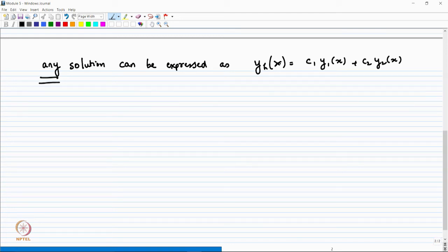So, you can write any solution as a linear combination of these two solutions. This is like writing any arbitrary vector in 3D space as a linear combination of the unit vectors i, j and k. Just like that, you are writing any solution of this differential equation as a linear combination of these solutions. Now in this case y1 of x and y2 of x are basis functions.